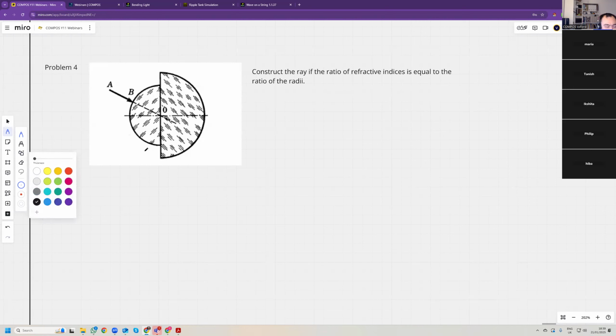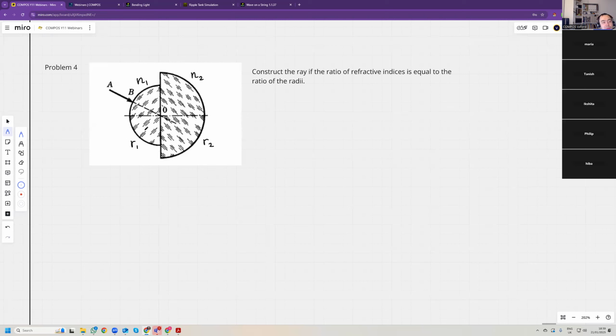Okay, so we have two half spheres. The refractive index of the first one is N1. The refractive index of the second one is N2. The radius of the first one is R1, and the radius of the second one is R2.